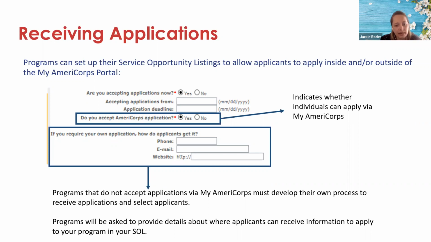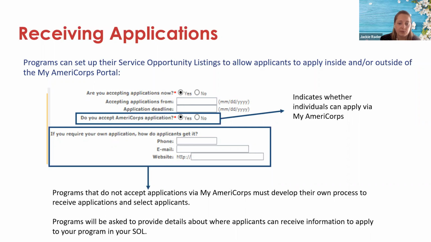So if you do not accept applications through My Americorps, then you have to develop your own process to do that. Some programs use Google Forms, others use maybe their HR system. It just depends on what your organization already has in place, or what may be required from your organization, depending on the size and complexities.